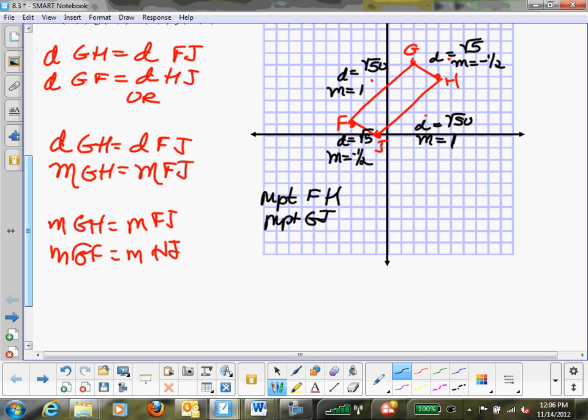Right, FH. You don't have to. You just have to find the midpoint. We're doing a third way, just for argument's sake.